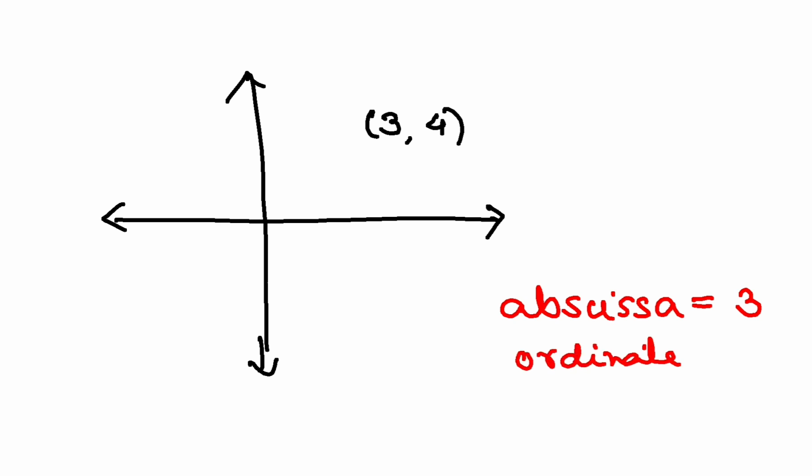My ordinate is 4. Now try to understand this concept. From the x-axis, this is the line, isn't it? This is the distance of the point from the x-axis. How much is this one? This one is 4, because this is 1 2 3 and this is 1 2 3 4, like that, isn't it? And from the y-axis, this distance over here is 3.